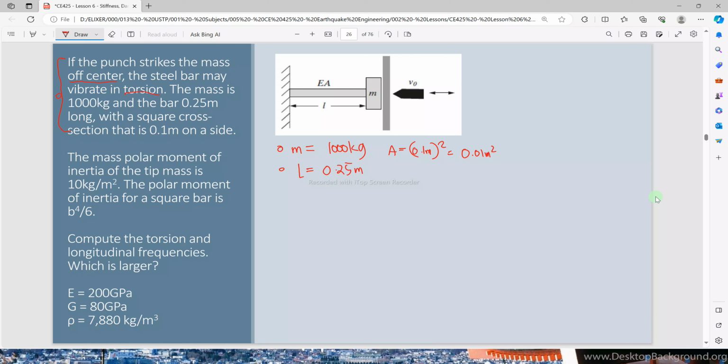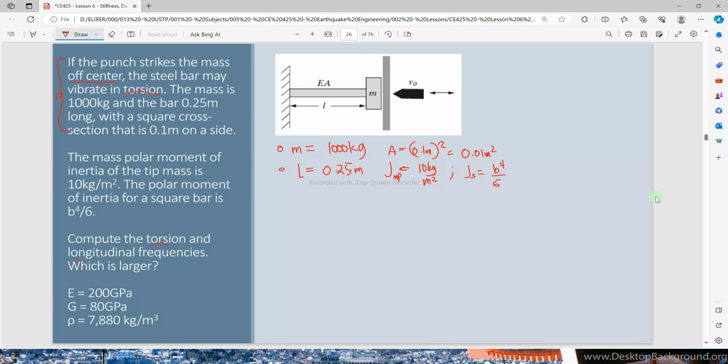Let's say our mass polar moment of inertia is equal to 10 kilogram square meter, and the polar moment of inertia for a square bar is equal to b to the fourth over 6.